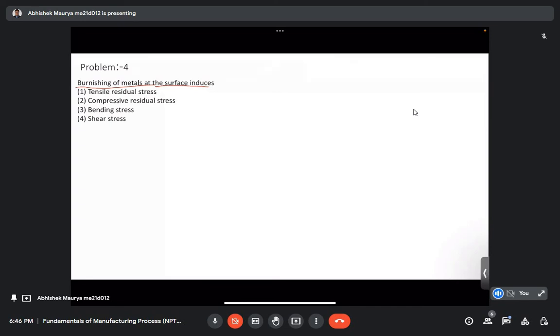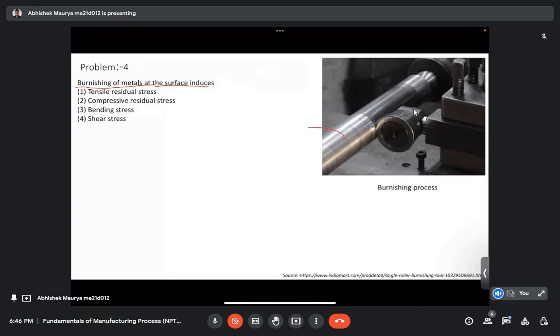And here we can see we have a shaft, and this is the burnishing tool. What this burnishing tool is doing is just deforming the shaft on the surface.